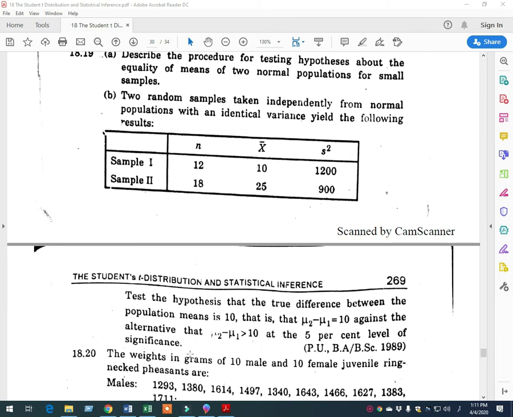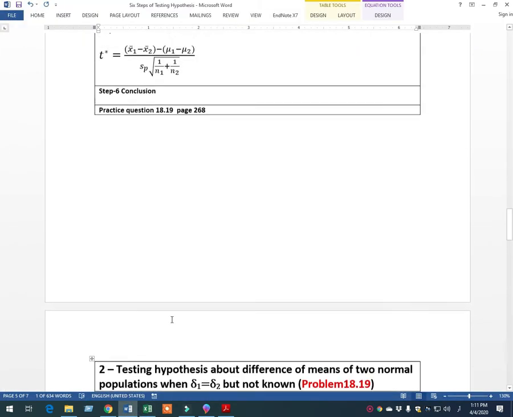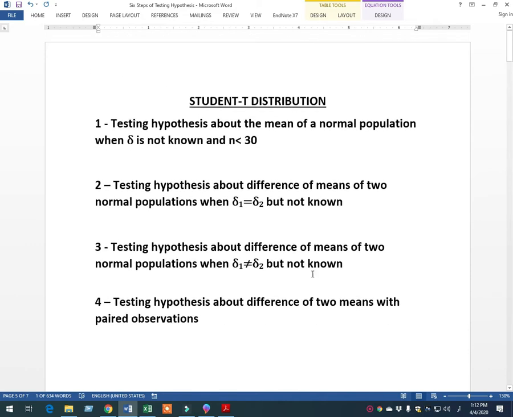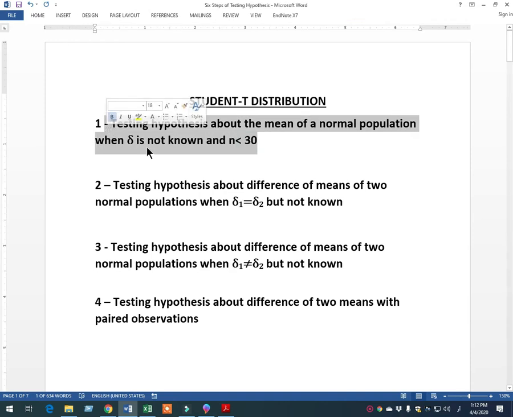Okay guys, now I'll be practicing the second formula or second case. As I told you earlier, we have 4 cases of the student t distribution, and I have practiced the first case in front of you.